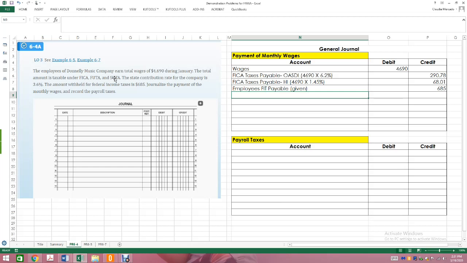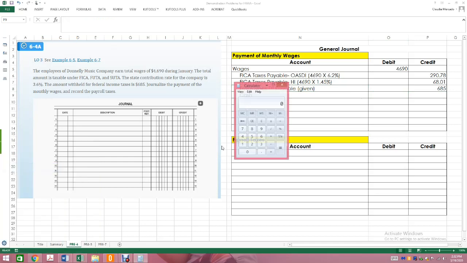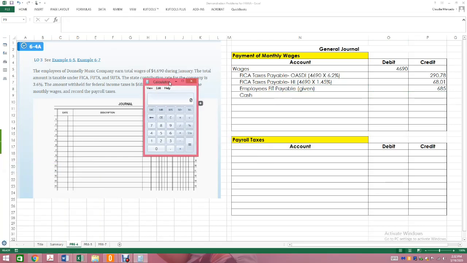Okay. So now we need to figure out how much cash I am going to pay. Okay, and this should be indented. The credits should be indented a little bit here, just so we can differentiate our debits from our credits. Now, how much cash am I going to pay my employees? How much are you going to cut the checks for? Well, I know that my employees earned $4,690.